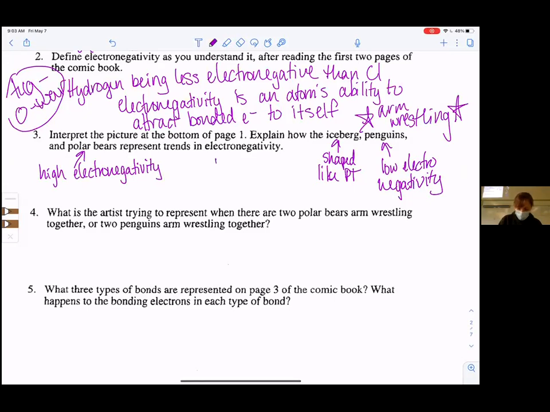And we saw that we have big penguins at the top of the periodic table and smaller penguins at the bottom.